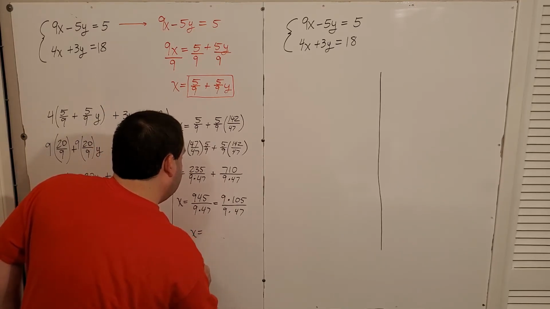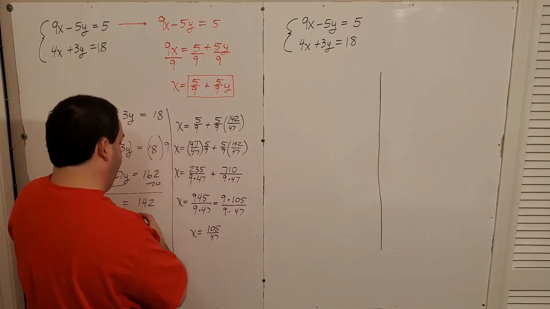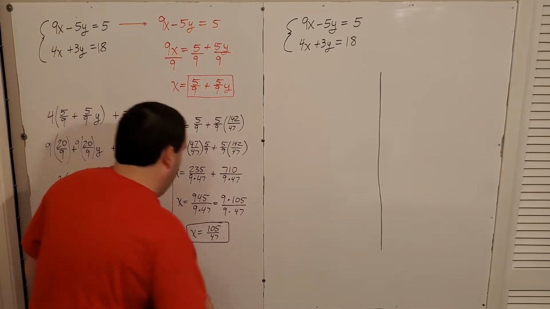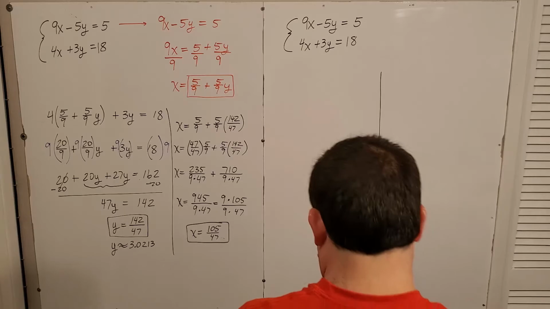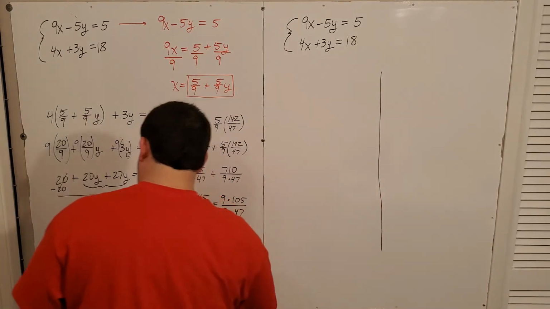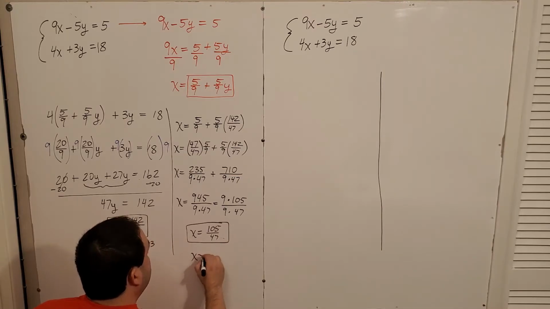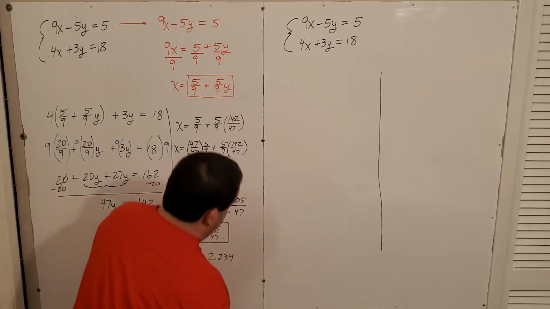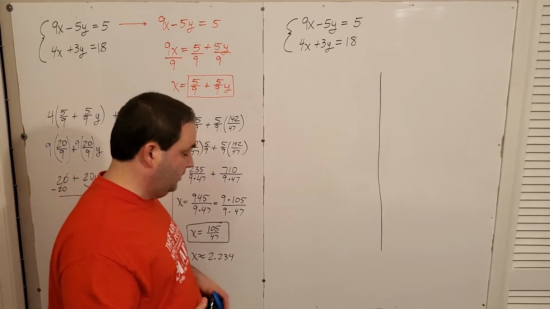And what I'm getting is x is equal to 105 over 47. When I divide that out, we get that x is approximately 2.234. So yet again, not something that I would have wanted to find on a graph. Okay?